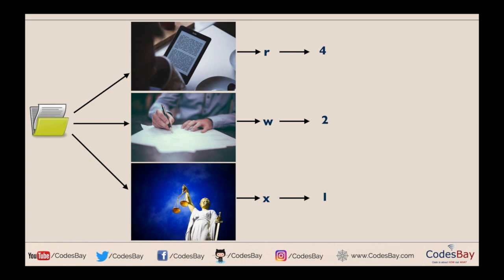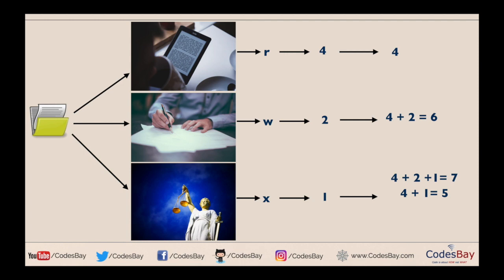If you want to do that with numbers, you put 4 for reading permission. But if you want to give more than one permission, you combine the numbers and sum them. For example, 4 plus 2 equals 6, which means you are giving reading and writing permission. 4 plus 2 plus 1 equals 7, which means reading, writing and executing permission. 4 plus 1 equals 5, which means reading and executing permission.